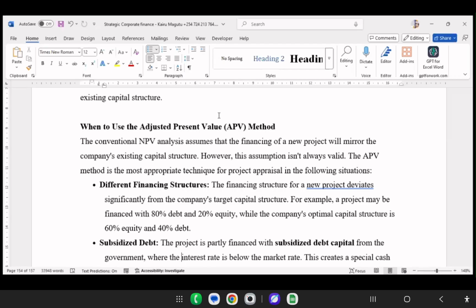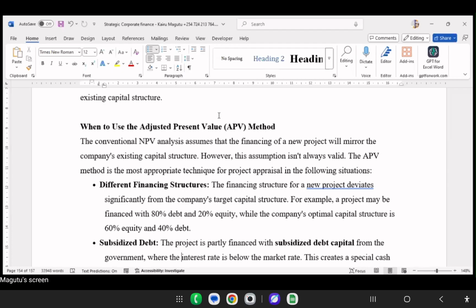We evaluate the project under APV where the capital structure of the firm is not the one that is used to finance the new project. Maybe you have the capital structure with 60% equity and 40% debt.